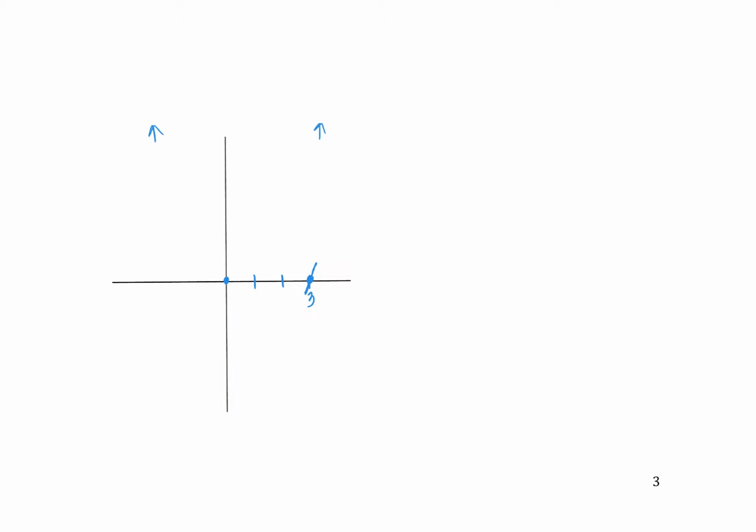It can't go the other way, or else it would not match with the end behavior. Let me get rid of that. So I know it's going to pass cleanly through.